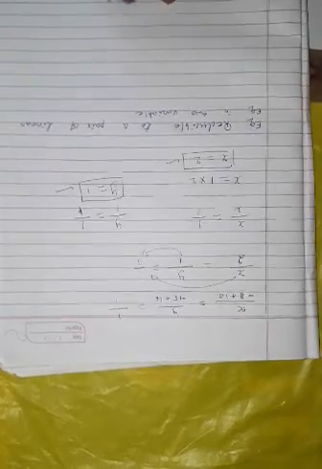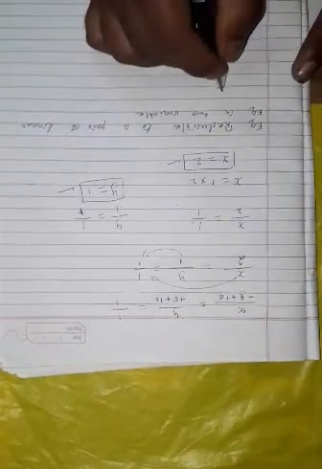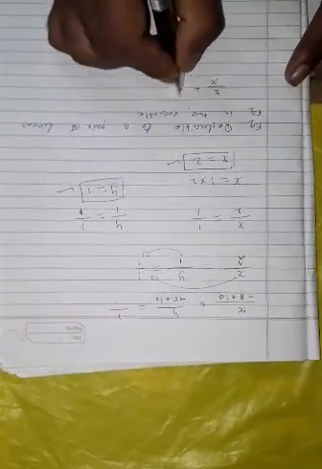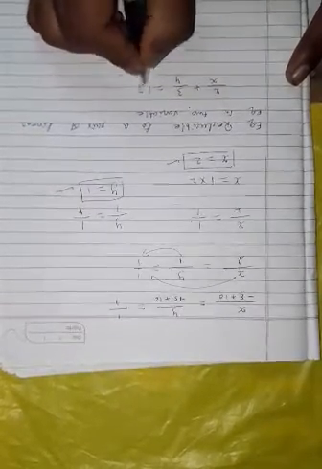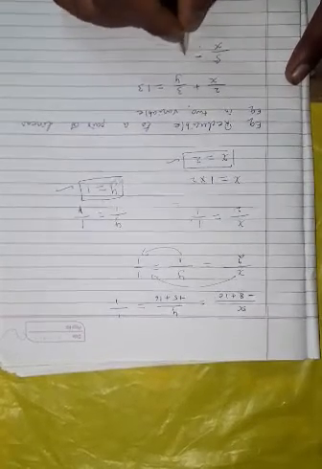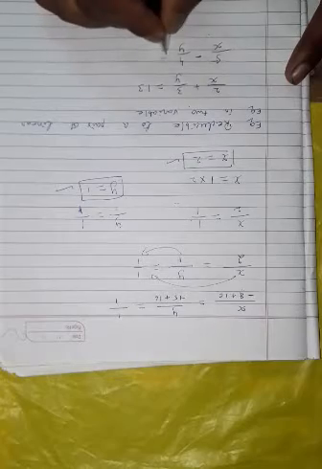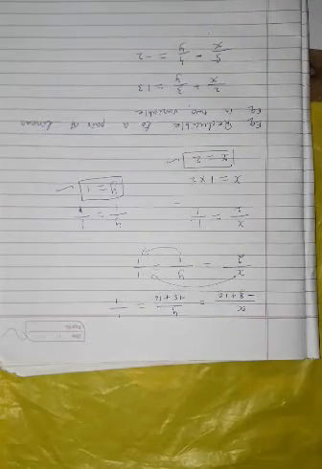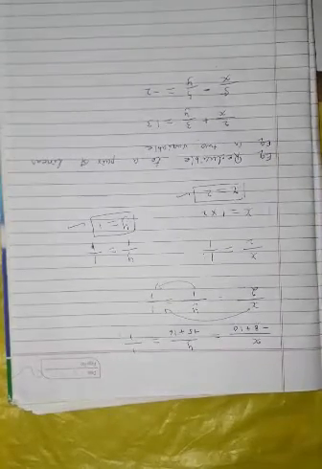Suppose a question is given, for example, 2 by x plus 3 by y is equal to 13, and 5 by x minus 4 by y is equal to minus 2. This is the equation which is given to us.